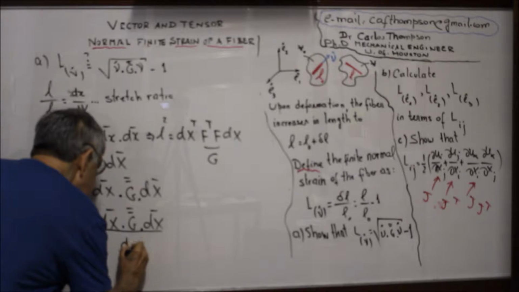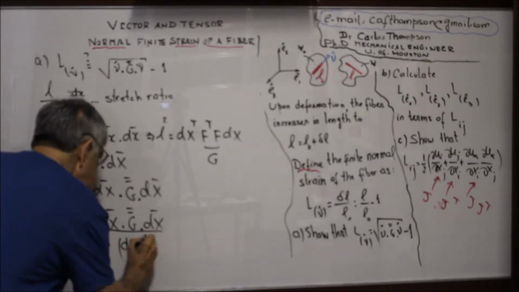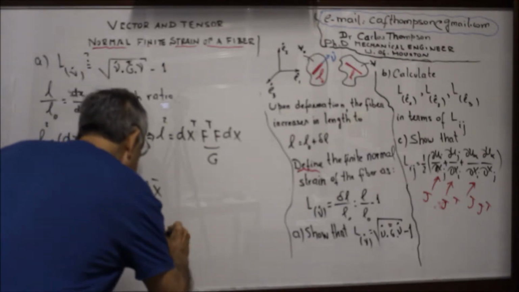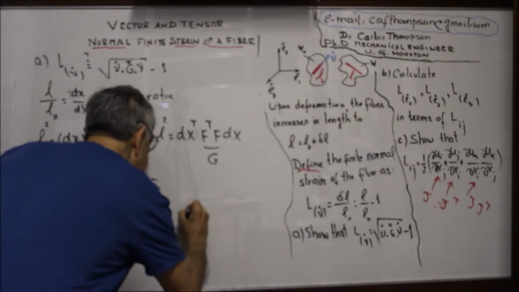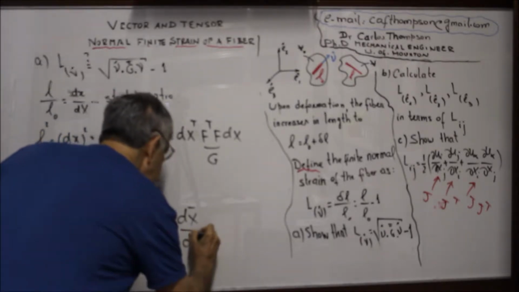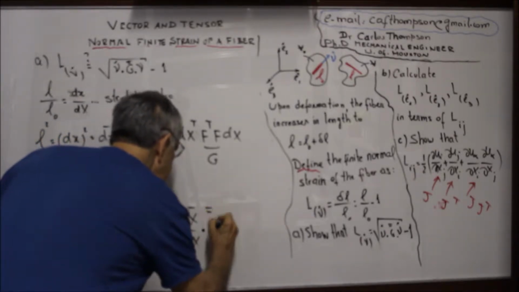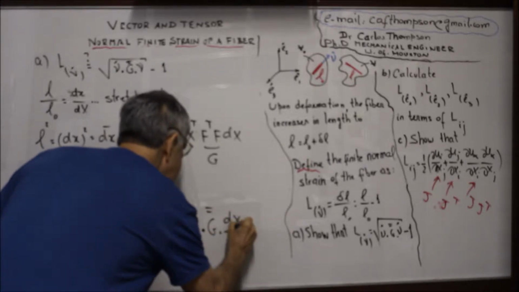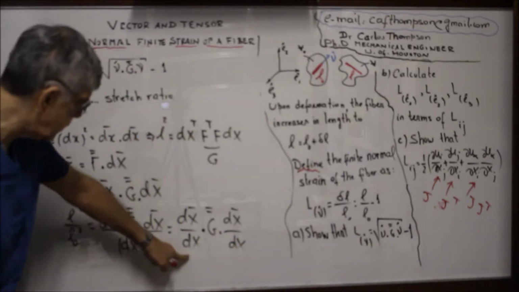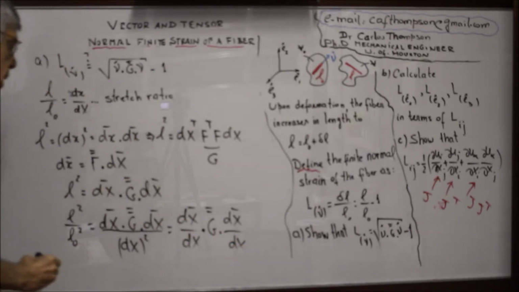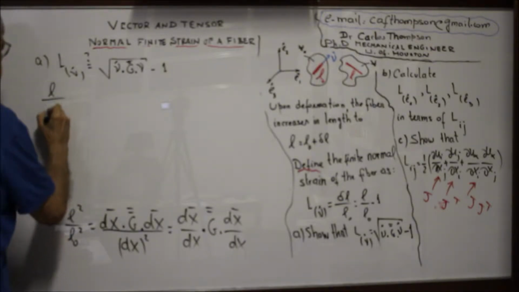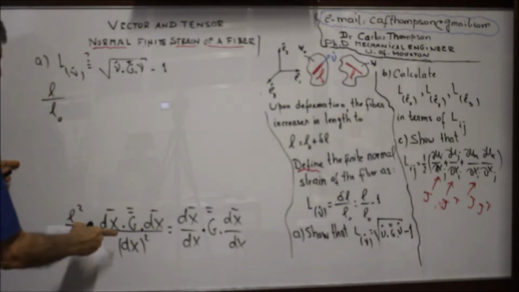So this is capital dX square. We can write here dX divided by dX, this is L0, dot G dot dX divided by dX. This is L0, this is L0. So the square of the stretch ratio L over L0, you see.